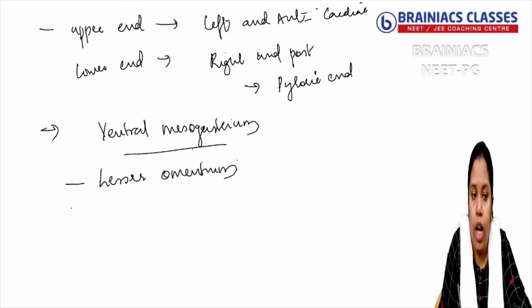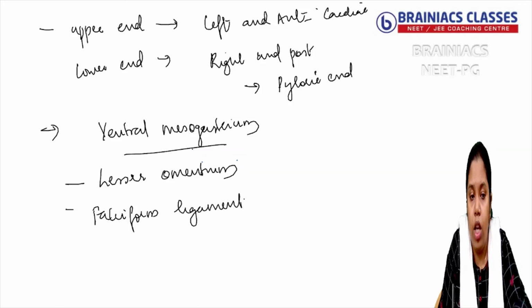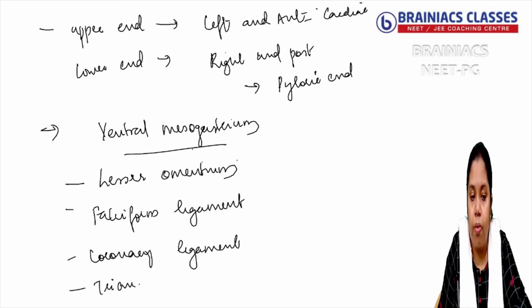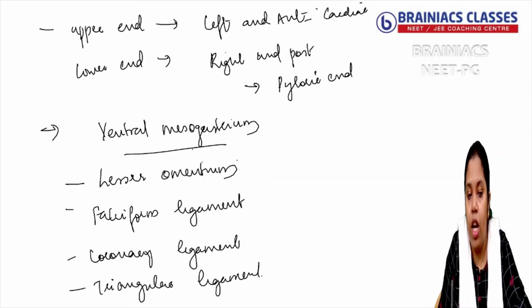Then it will have the falciform ligament, then the coronary ligament, the ligaments on the left and the right side, and the triangular ligament. These are the contents in the ventral mesogastrium.